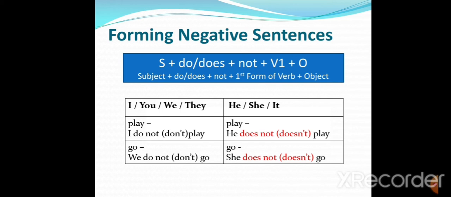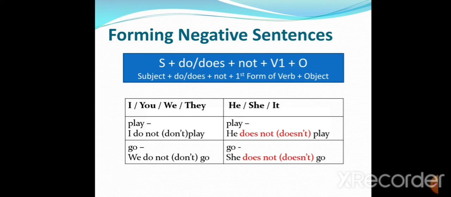One is the main verb and one is the helping verb. And here, when we talked about the positive sentences, we said that I play. So, there was a hidden verb over there, a helping verb, that was do. So, here we are using the same do and we add not to it.